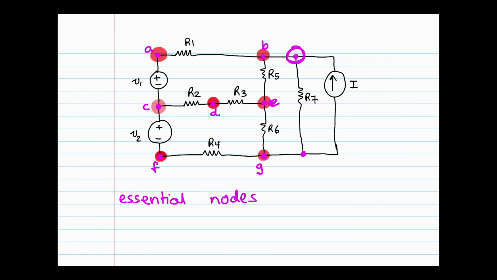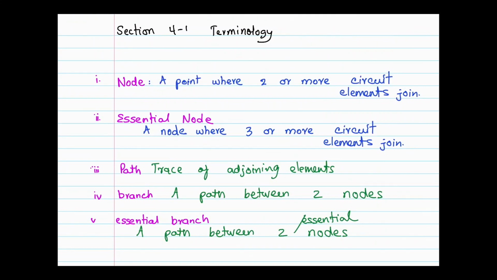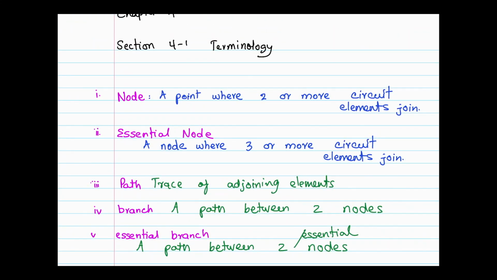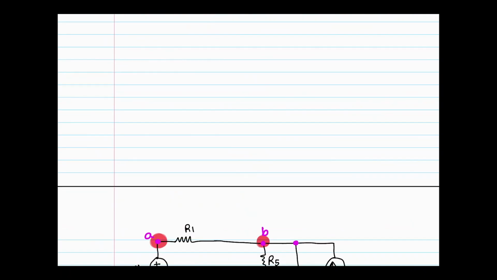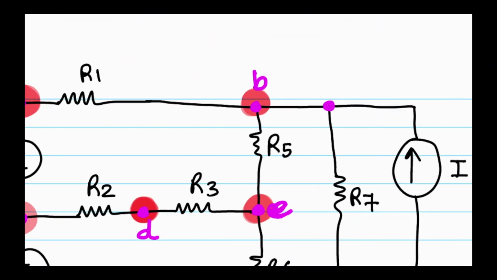All the nodes are shown in red, and I want to show the essential nodes. Now, what is an essential node? Let's go back to the definition here. An essential node is where three or more circuit elements join. Okay, let's go fish for those. More than one circuit elements.